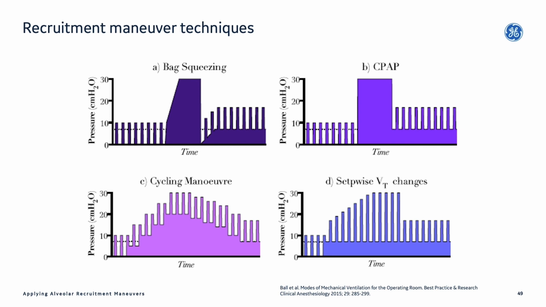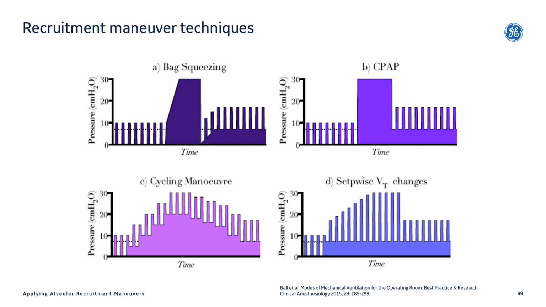However, you can see that at the termination of the bag squeezing, pressure drops back down to zero before incrementally increasing back to the set PEEP level. And this is a problem because it results in de-recruitment of those alveoli after the recruitment maneuver. Therefore, bag squeezing technique is not recommended.